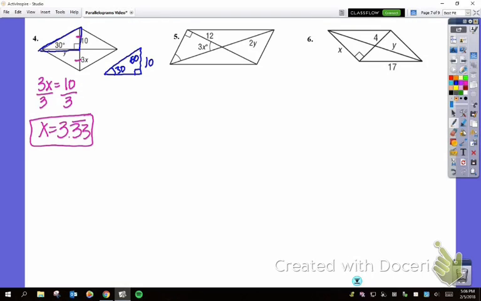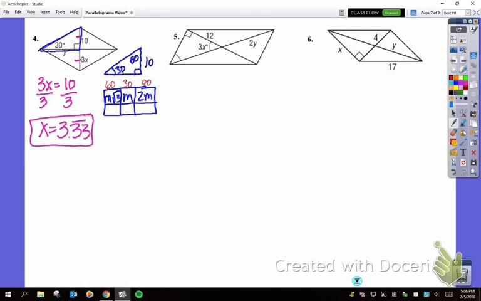Now, this should look familiar. We haven't gone too long without talking about this. We have a 30, 60, 90 triangle. Remember, when we have a 30, 60, 90 triangle, we have Mama Bear, Papa Bear, and Baby Bear. We have m, 2m, and m square roots of 3. Now we are looking for the part that is across from our 60-degree angle, which is going to be our mama. This is across from 60, this is across from 30, and this is across from 90.